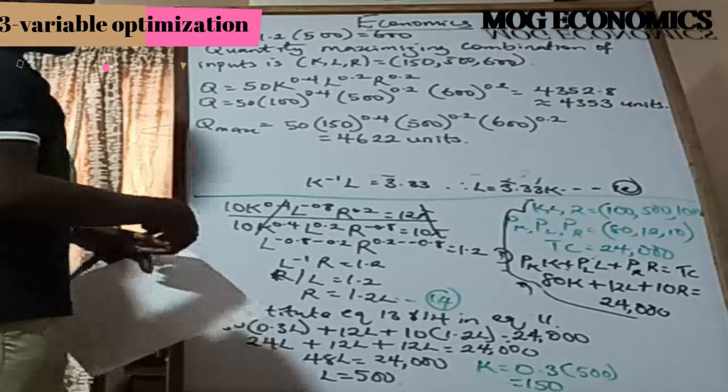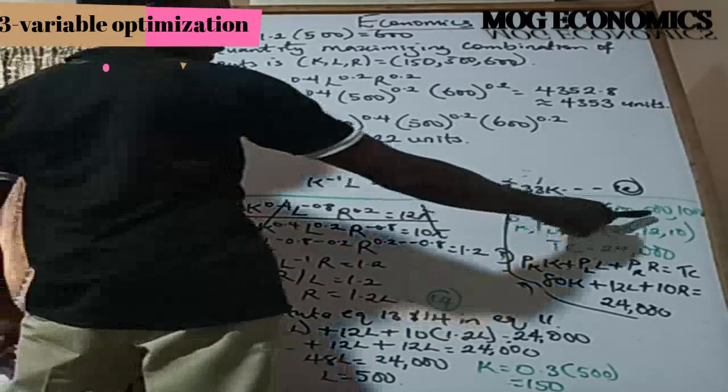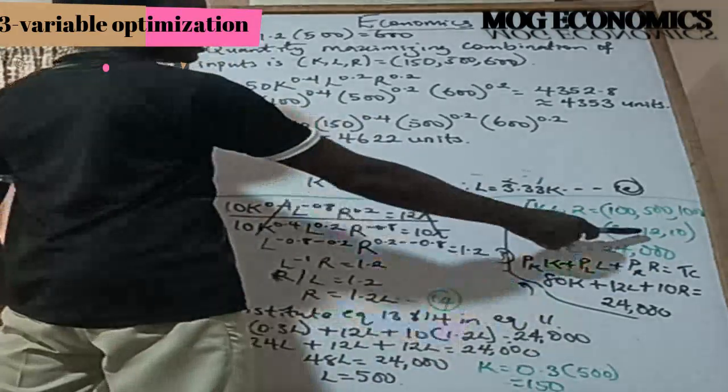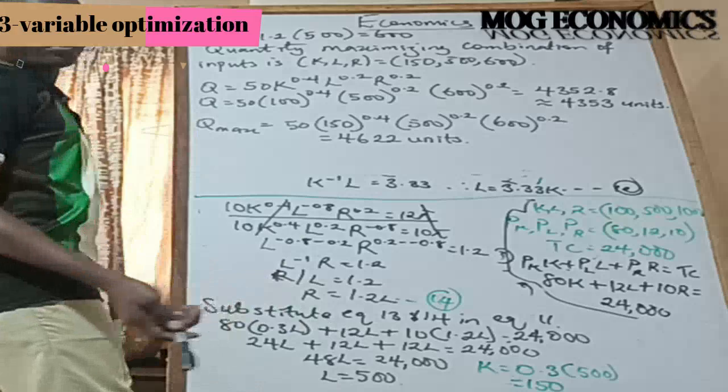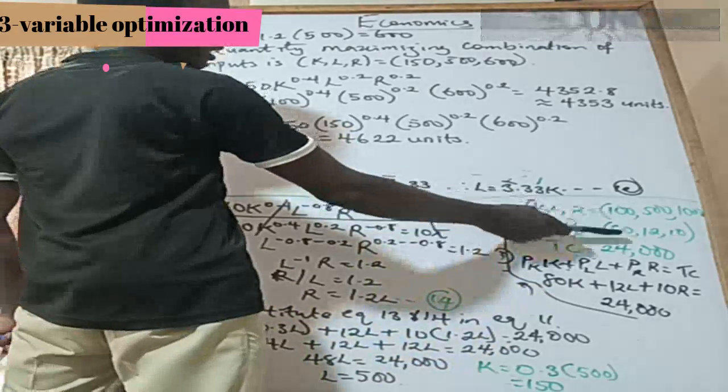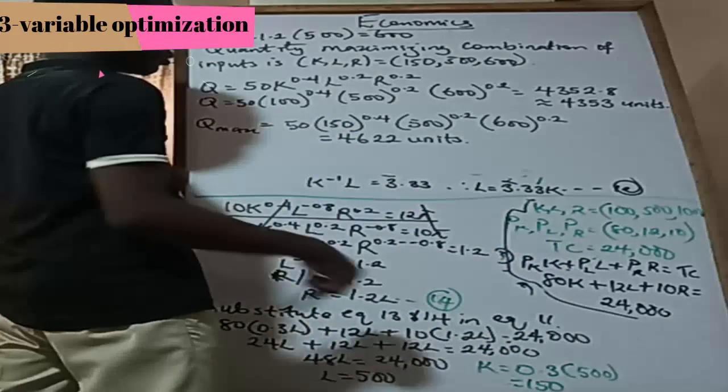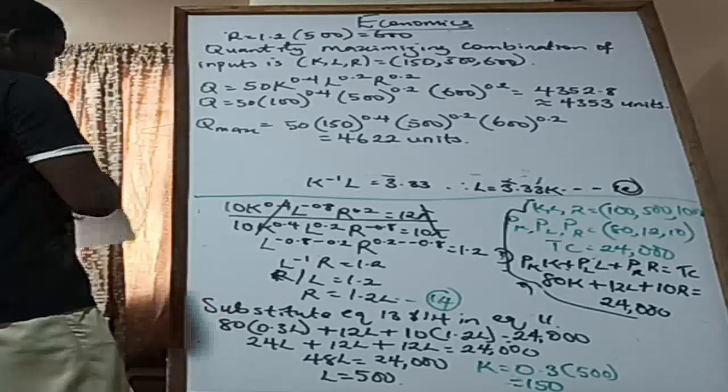You might be wondering, is this not supposed to be a higher cost? Now, these values, 100, 500, and 1000, and these prices, when you multiply them out, you get 24,000. Let's test run our TC.